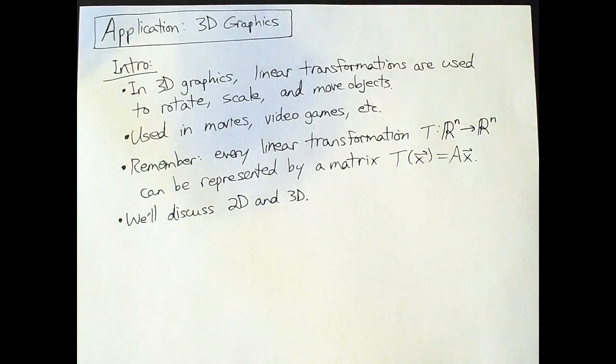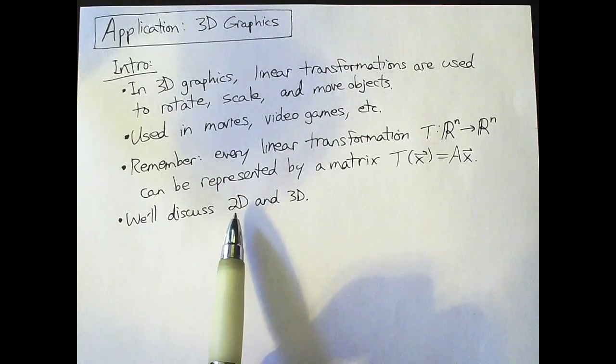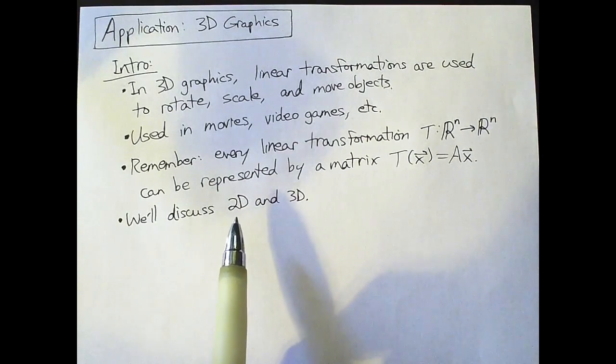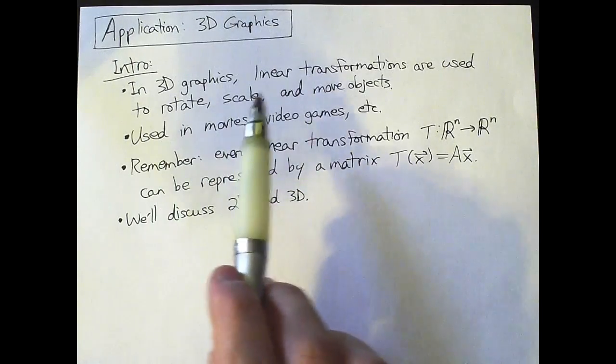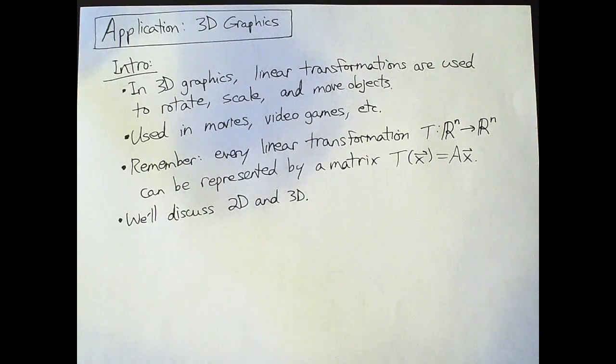Really, the application that I want us to learn about is three-dimensional graphics, but a lot of times it's easier to illustrate the 2D case. So we're going to look at the 2D case for rotation and scaling and moving objects, and then we'll see how you extend the 2D case to turn it into 3D.